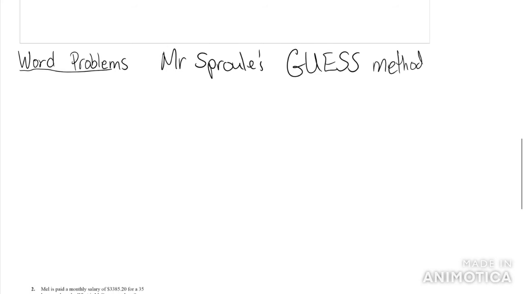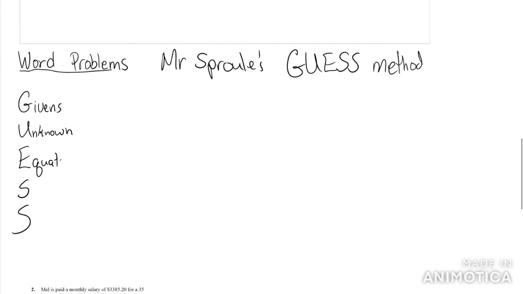Now, guess, as you can imagine, is an acronym. I'm not actually telling you to guess when it comes to word problems. So guess stands for givens, unknowns, or unknown, equation, separate, and then finally solve.